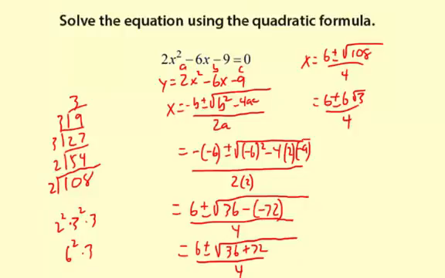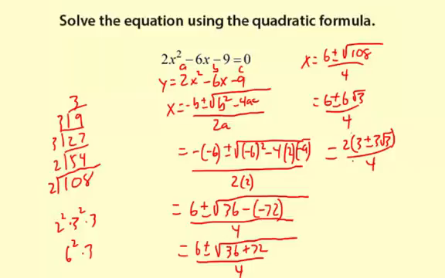Okay, now the 6, the 6, and the 4 are all even numbers, so we can simplify by 2. So it's going to be 2 times 3 plus or minus 3 square roots of 3 all over 4. Now I write it this way to make sure that you realize you're simplifying correctly. Sometimes people skip this step and then they would take out a 2 from one number but not the other number.